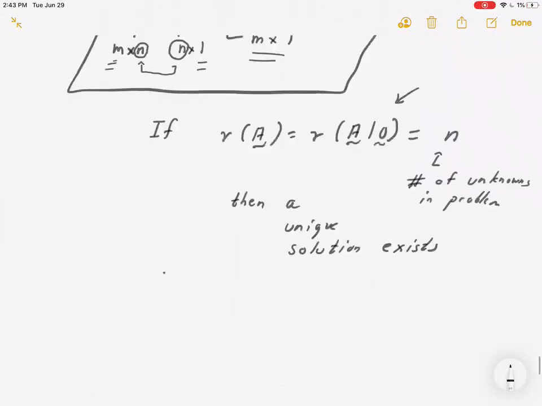The second possibility is that the rank of A could be equal to the rank of the augmented matrix. This is still an augmented matrix, just because it has a 0 to the right-hand side of the vertical bar doesn't cause us any problems. It's still a matrix. It's a 0 matrix, right? Well, if this is less than n, where n is the number of unknowns in the problem, then an infinite number of solutions exists.